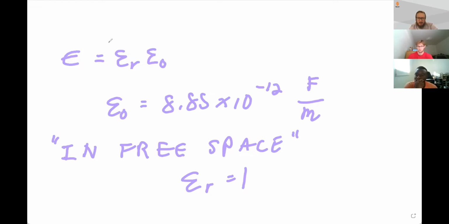These numbers describe how things respond inside of that field. That's where these come from. So if it says in free space, just consider the relative permittivity to be 1 and use this constant, which is a universal constant.